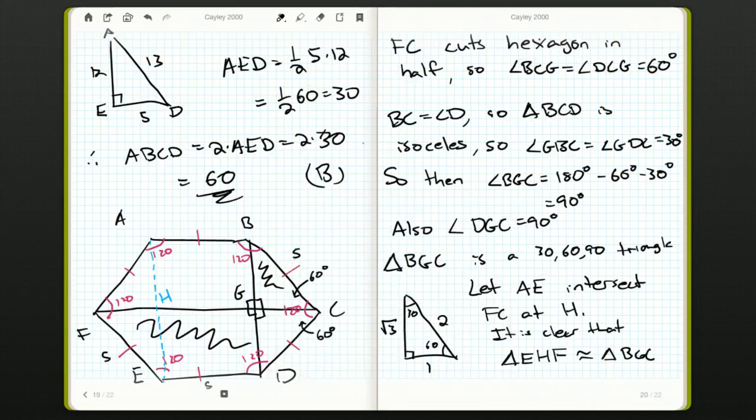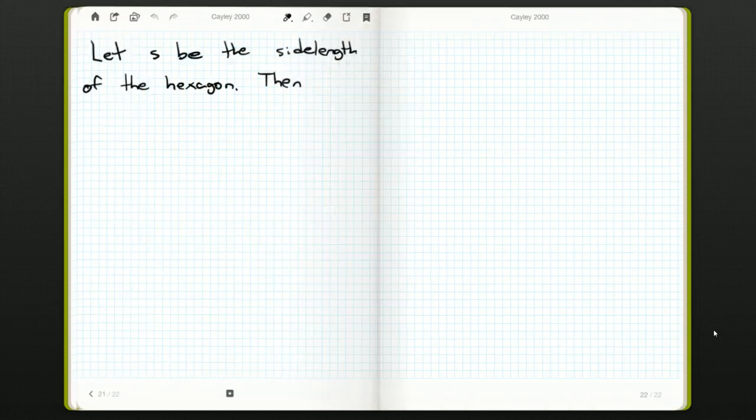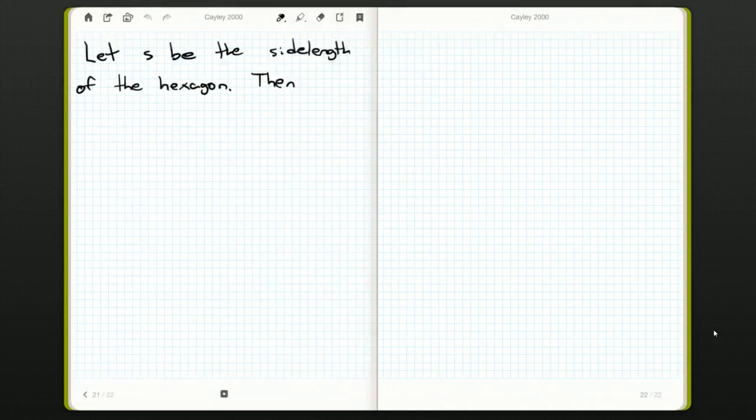We get some information. Thanks to our 30, 60, 90 triangle, we know that length GC is going to be 1/2 of S. And the height BG is √3 over 2 S. Okay? And if you didn't have your 30, 60, 90 triangle memorized, that's okay. Knowing that you have the angles 30 and 60 in there, you could just use trigonometry. That's okay. It's the 10th grade level contest, so trigonometry is certainly fair game, although I find it doesn't come up that often.